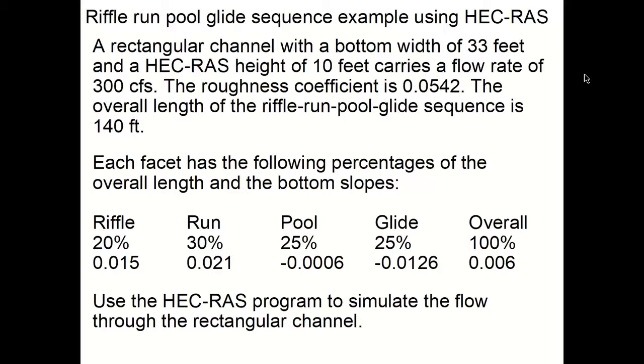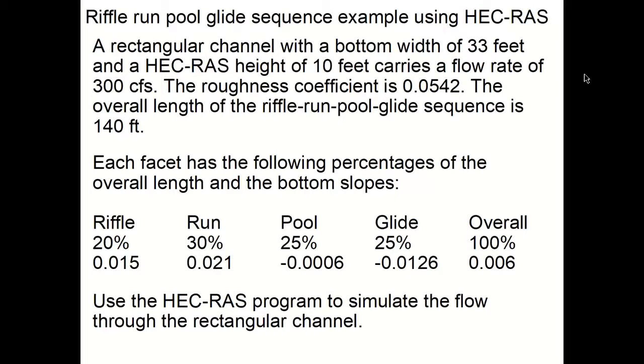Each facet has the following percentages of the overall length and the associated bottom slopes. So the riffle comprises 20% and it has a bottom slope of 0.015. The run is 30% and has a bottom slope of 0.021.